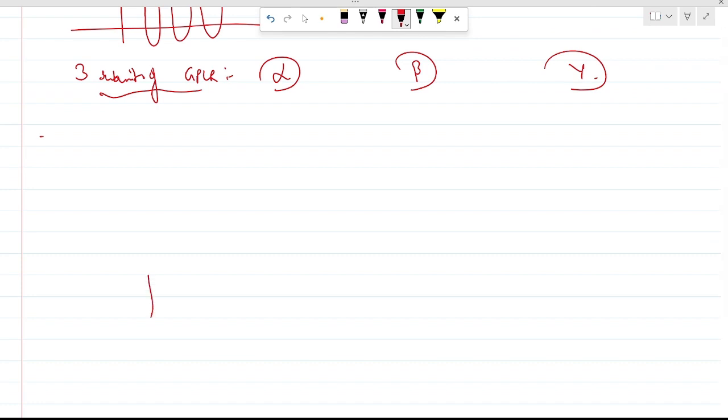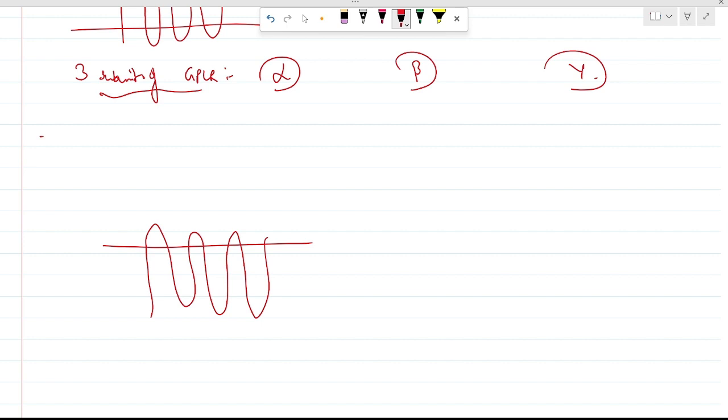So suppose this is the GPCR, just spanning across the membrane. To this, this hormone comes. This hormone is called a ligand.